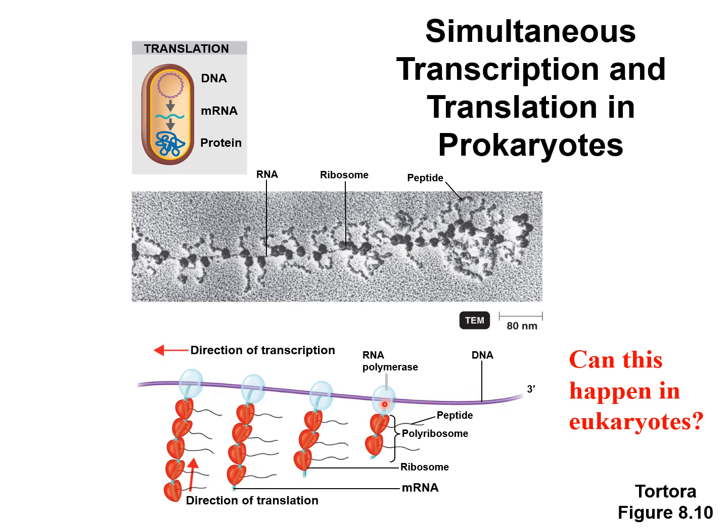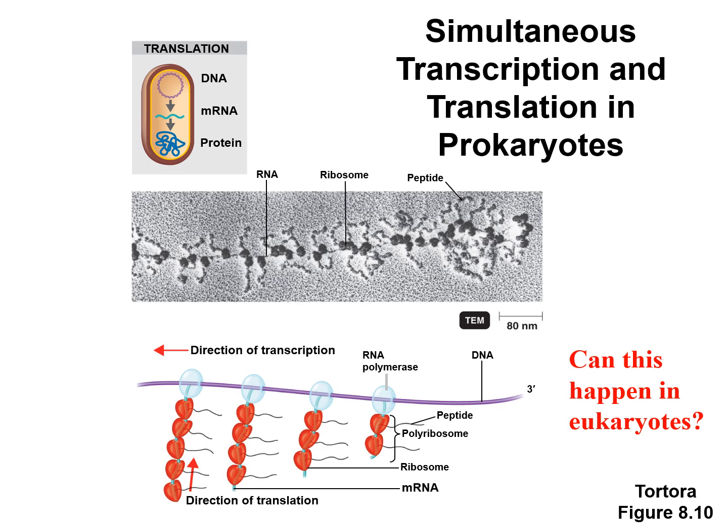And then as soon as the messenger RNA is coming off the RNA polymerase, the ribosomes are hopping on, and they're going to be translating the messenger RNA even before you're done transcribing. So with the prokaryotes, they're able to do transcription and translation simultaneously.